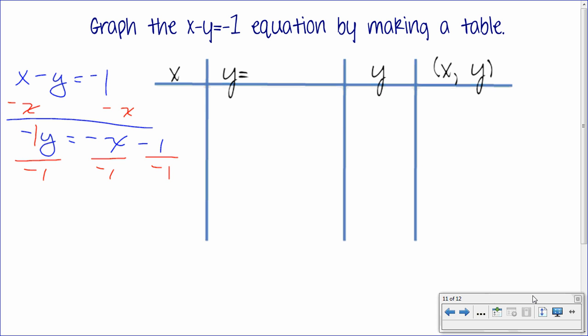What's that give me? y equals x plus 1. Okay, so now I've got 1X plus 1. What numbers do you guys want to use? You don't have to use that many. 0, 1, 2. Just gotta use 3. Okay?